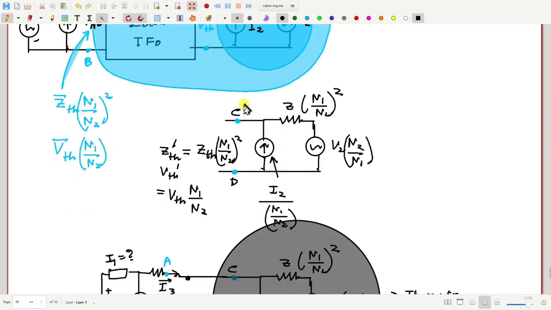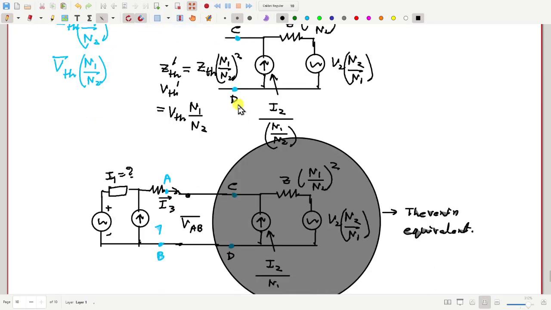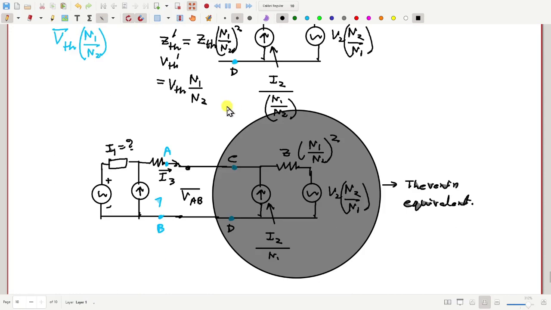Okay, so this is how we can solve circuits with an ideal transformer. Basically, if we have an ideal transformer, we can get rid of the transformer itself by appropriately multiplying the voltage, current, and impedances of one side.